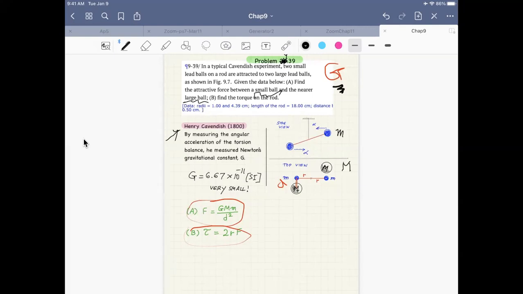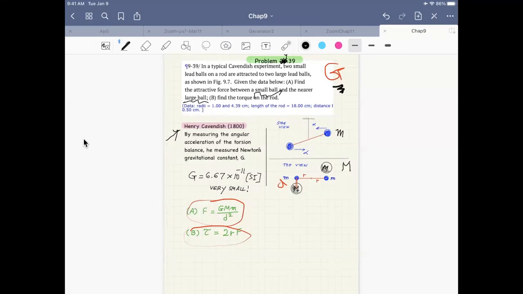And Cavendish, by very delicate methods, would place the torsion balance at rest and then let go. And the small sphere would be attracted to the nearest large sphere. It would also be attracted to the other sphere because gravity is universal.